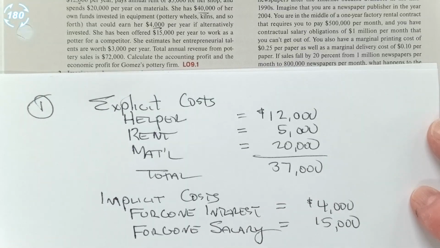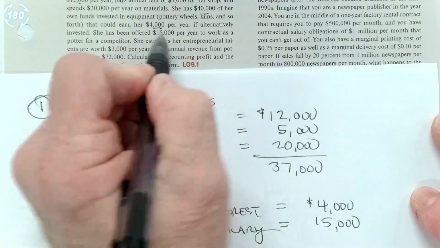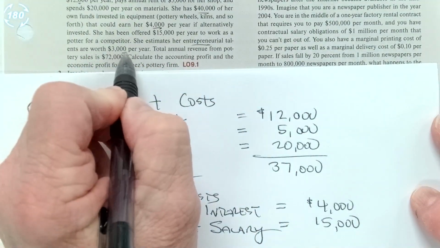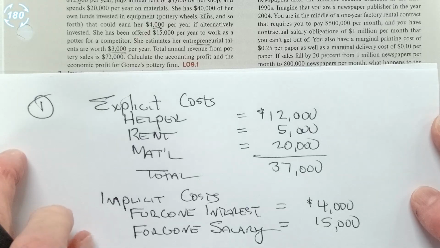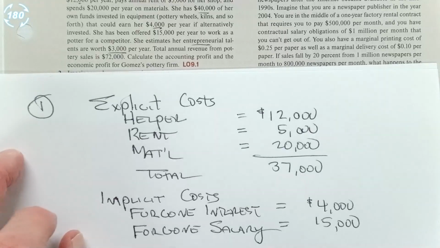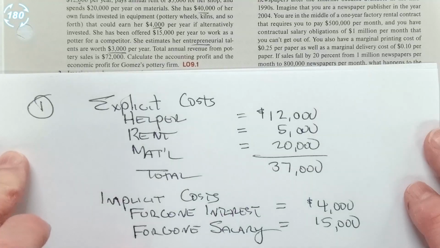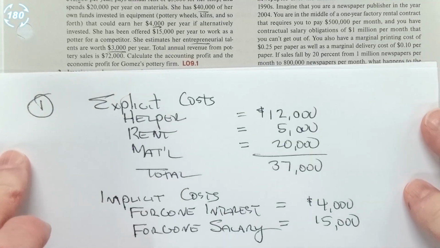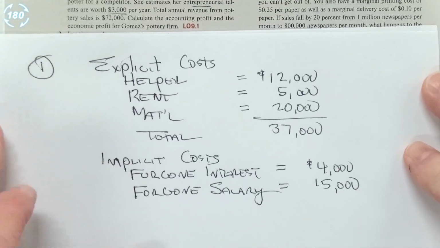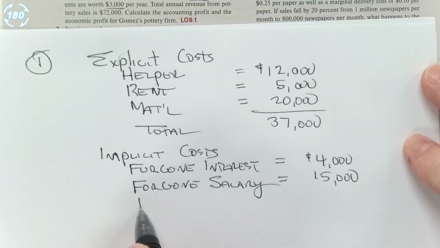Anything else that she gives up here? Her talents, maybe? Yeah, exactly. Her entrepreneurial talents are worth $3,000 a year. So here's the deal. If she goes into this new enterprise, it's like she's foregoing this entrepreneurial income she could earn elsewhere, okay?